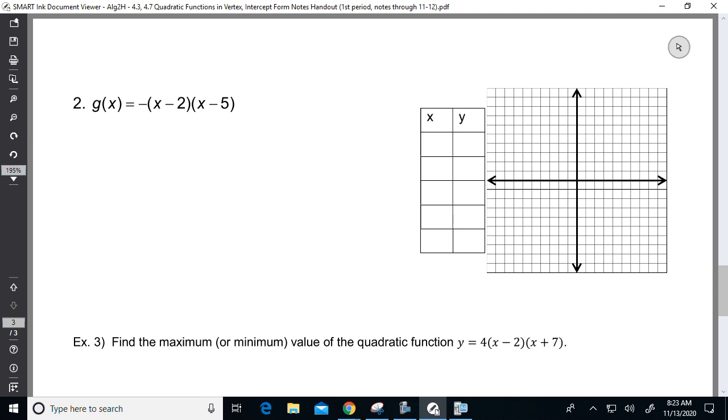g of x equals negative parentheses x minus 2, parentheses x minus 5. Since there's a negative out there in front of the parentheses, that is the same thing as negative 1 times x minus 2, x minus 5.